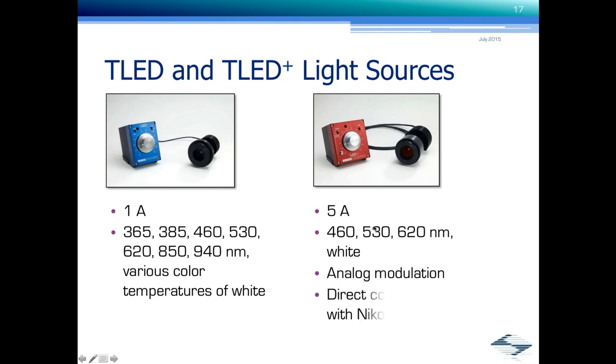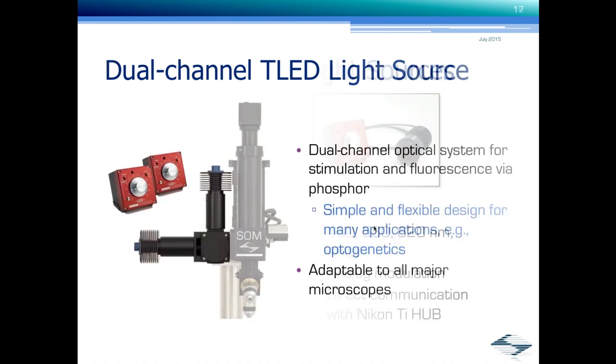It has an input for analog modulation and directly communicates with Nikon's TI hub. TLED Plus also comes in a dual channel version for more advanced applications if you need to quickly switch between 2 wavelengths. And again, this is adaptable to all major microscopes. Shown here is our own SOM microscope.